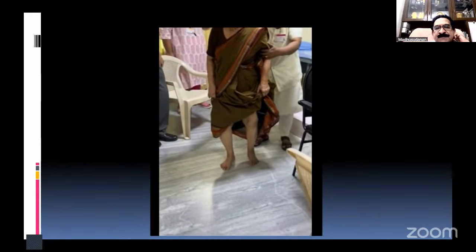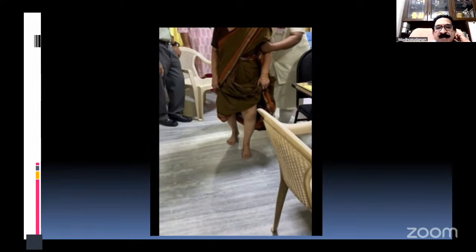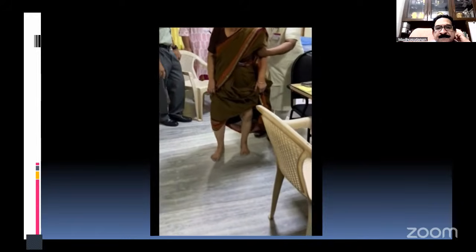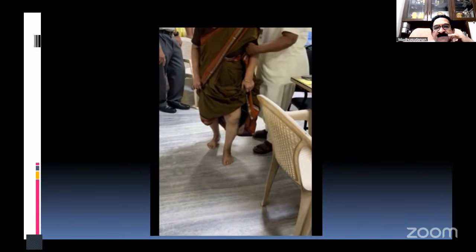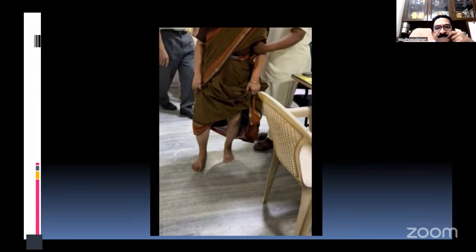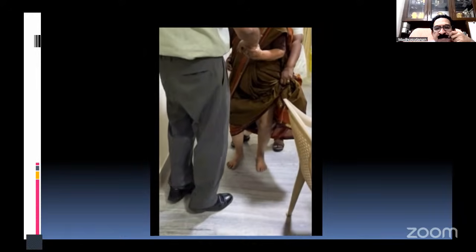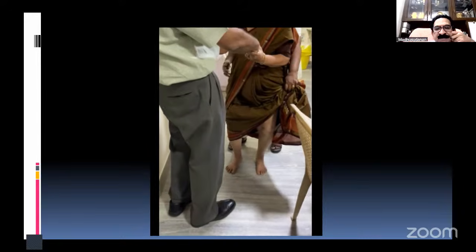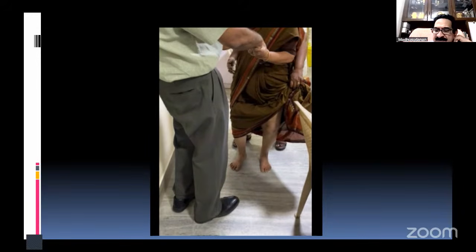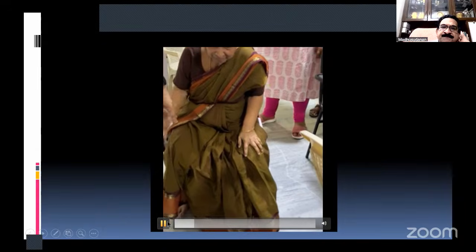This is the kind of walking. She's taking extra effort to push the legs forward. Probably because hip flexion is grossly weak. She could not stand on heel and toe, but whether it's real weakness, I am not very sure. She could not stand on toes. And she could not get up from the sitting position.